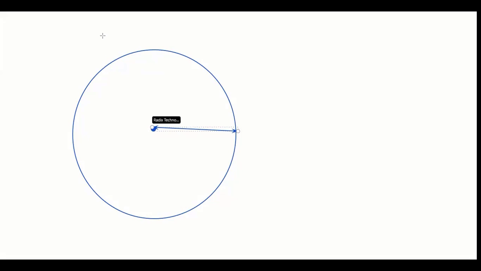You know what is radius? From the center to the end, this is called the radius. From the center point, touching any point of the circle is the radius. So if somebody gives you the radius, you can draw a circle.